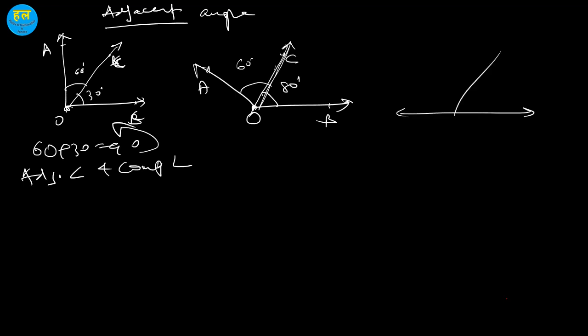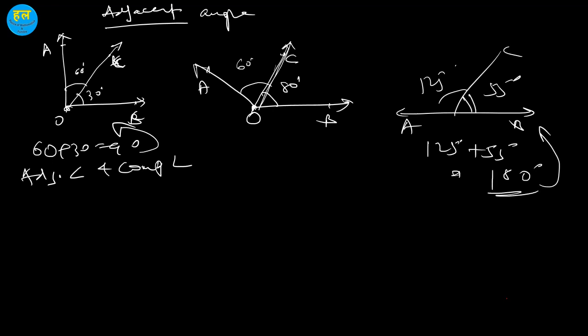We have also seen an example of linear pair. Here we can see that these are adjacent angles, but because their sum is 180 degrees, it is also called a linear pair of angles and also called supplementary angles. So here we can see three things. First, these angles are adjacent angles.